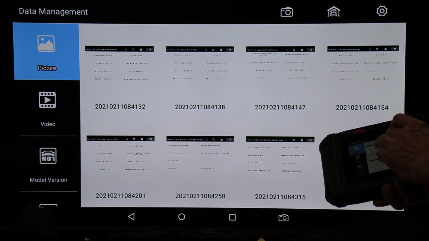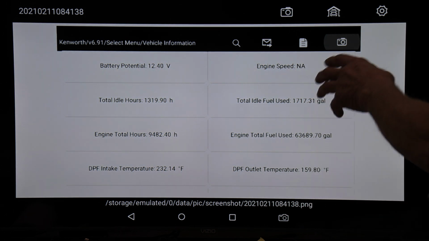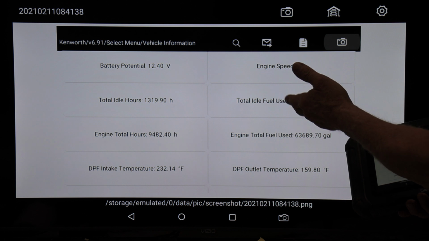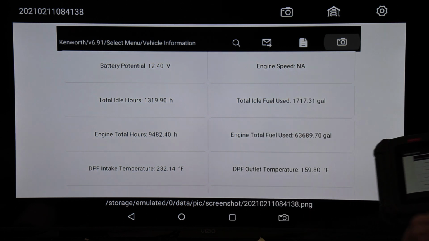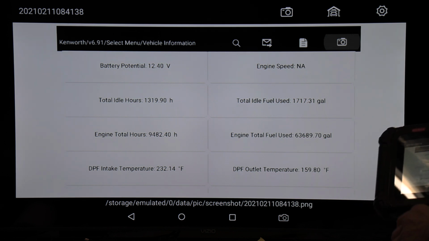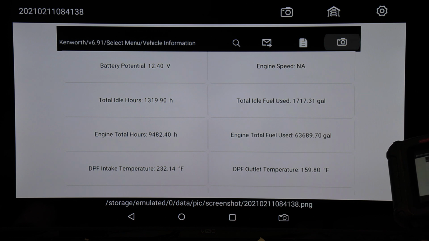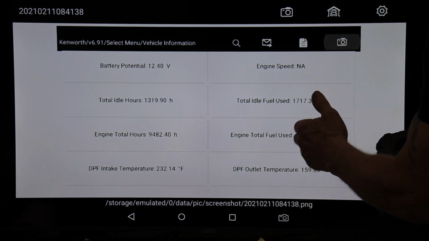So I'm going to get out of there and go to the next screenshot. This is just a continuation, and I'm mirroring it on the TV. But over here, you just keep on scrolling up and down and you'll get it when you're live. Total idle fuel used, engine total hours, TPF.